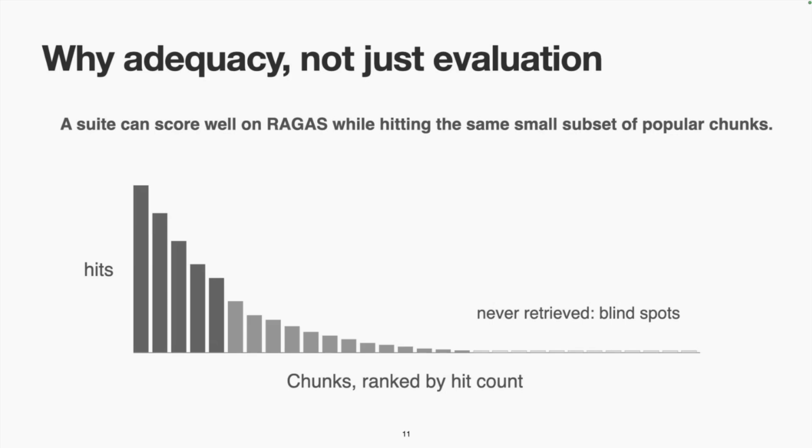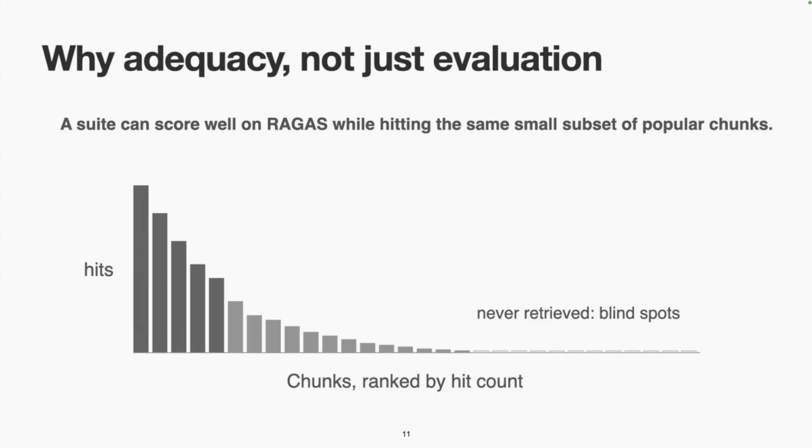This is just to show a comparison to RAGAS metrics, because RAGAS metrics don't care about the distribution of the retrieved chunks. So even if there is a very popular chunk with a very high hit count like this, RAGAS can evaluate such chunks, but it doesn't care about the chunks that have not actually been retrieved.